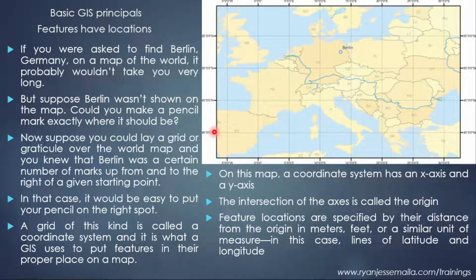Feature locations are specified by their distance from the origin in meters or feet, or a similar unit of measure, in this case lines of latitude and longitude. So they are measured or specified by their distance from the origin, in this case like that and like that, then they intersect.